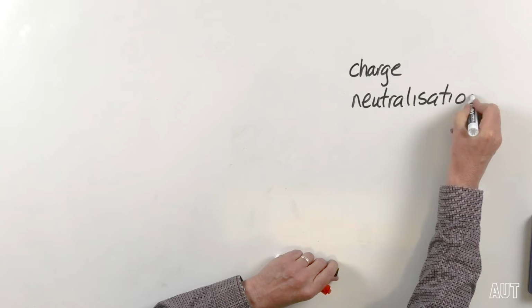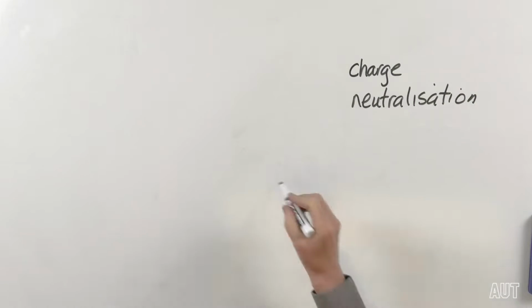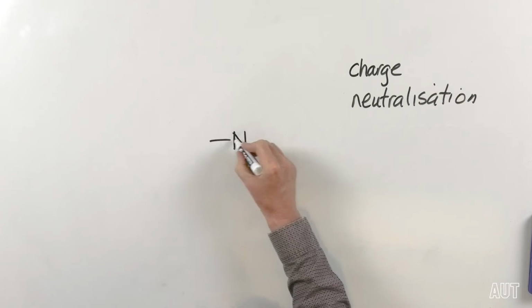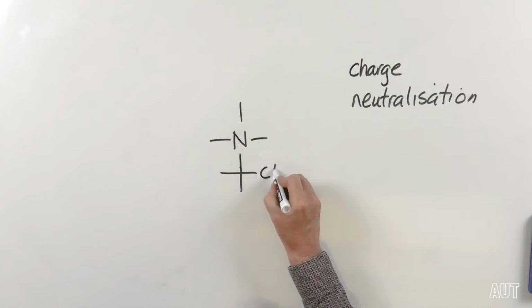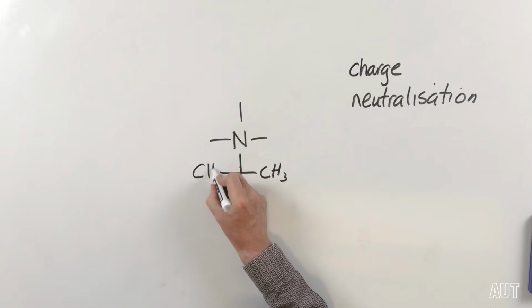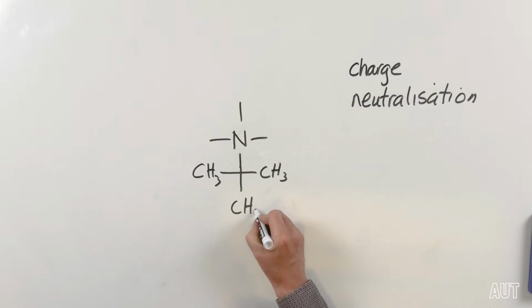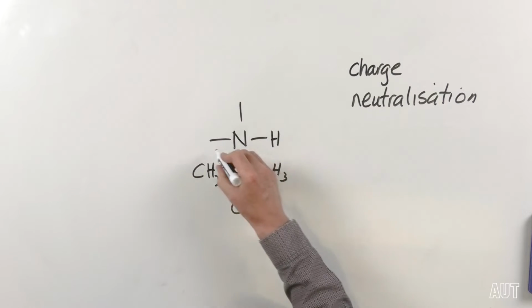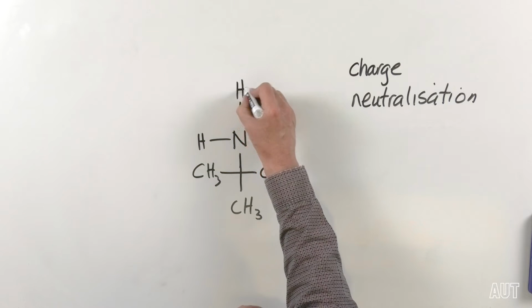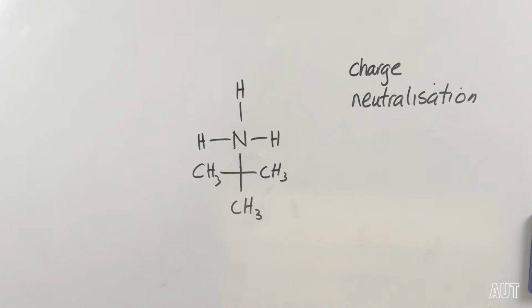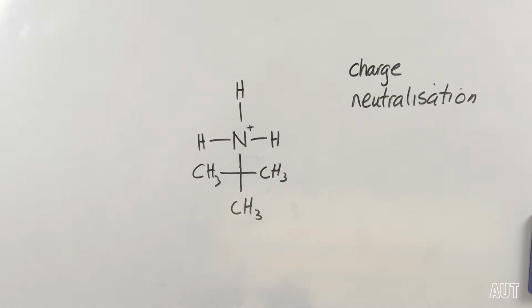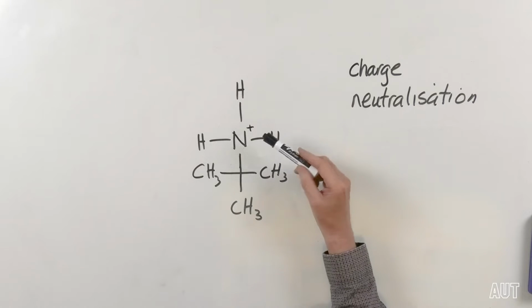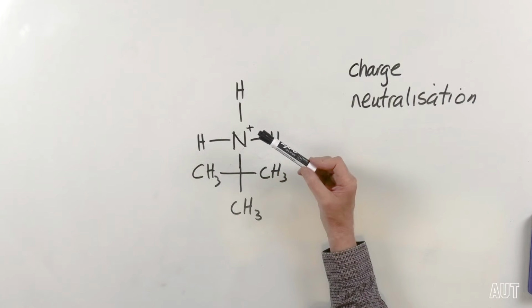Like so. Okay, so let's have a look at this particular molecule here. We have got CH3 and a CH3 and a CH3 and an H and an H and an H. Right, and if you were to go through and count the electrons in this, you would realize that that nitrogen has got a positive charge on it.